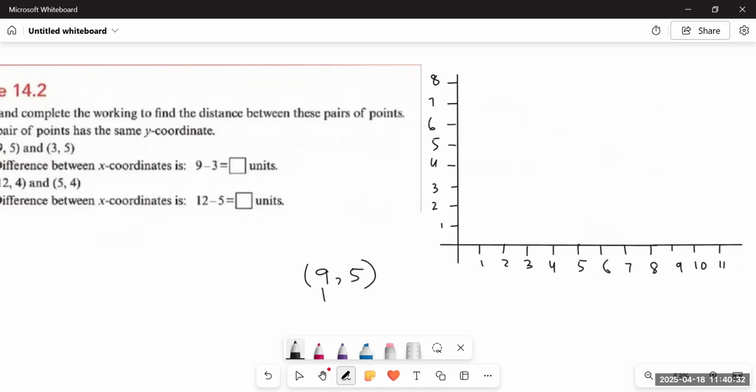The first one expresses the x coordinate and the second one expresses the y coordinate. So if we have to mark the x coordinate, we are going to move from left to right on the x axis. This is the x axis. So here we have 9, so we will mark it over here.